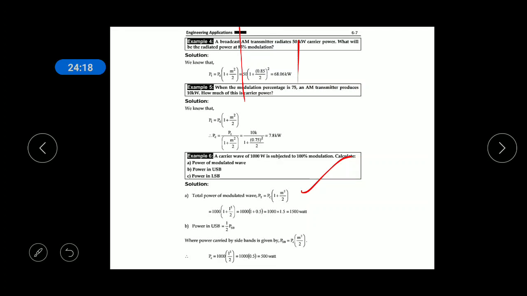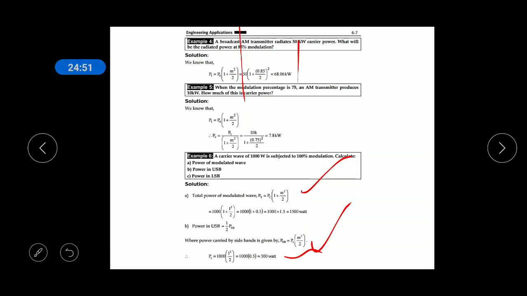This is the formula for total sideband power. From that you will get 500 as the sideband power. Upper sideband equals half of total sideband power, half of 500, 250 watts. Since power in upper sideband is equal to lower sideband, 250 watts is the amount of power in lower sideband also.